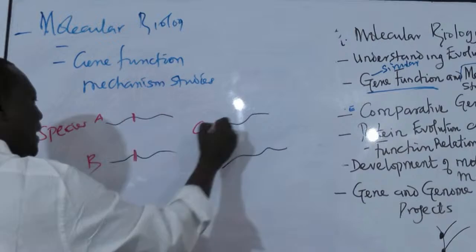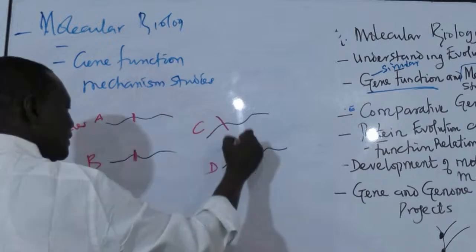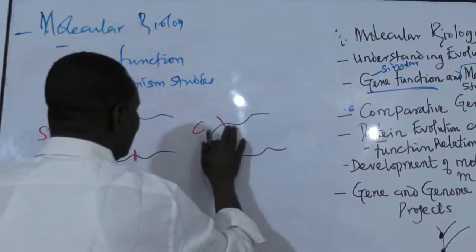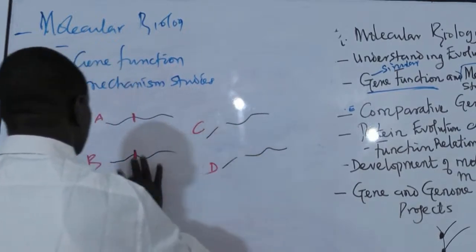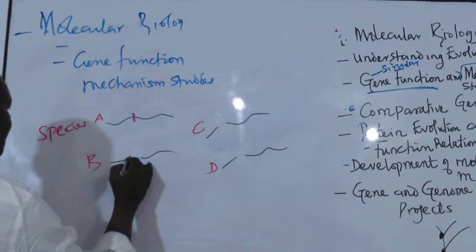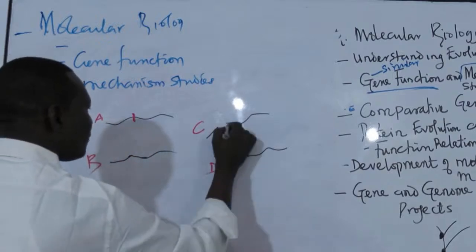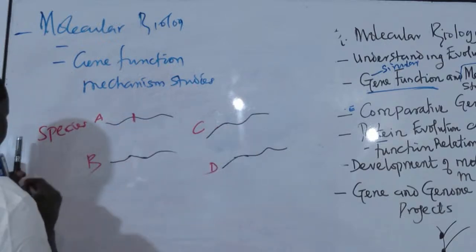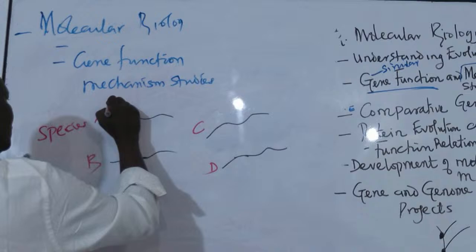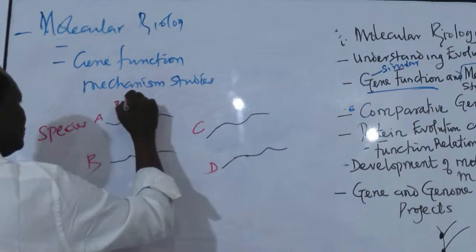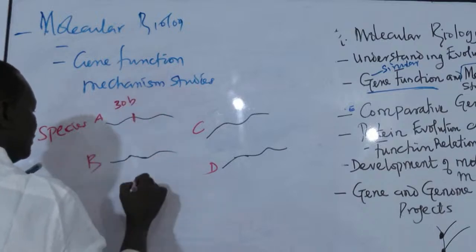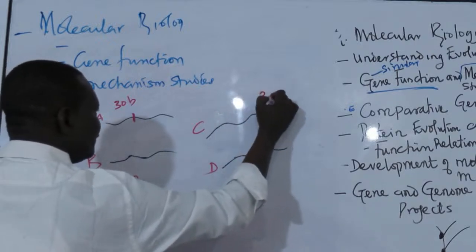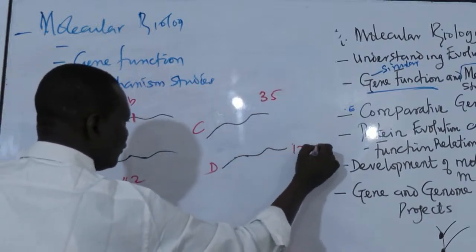and there are certain genes that are located. Now let's assume that this one is just 30 nucleotide bases, this one is 42, this one is 35, this one is 124.